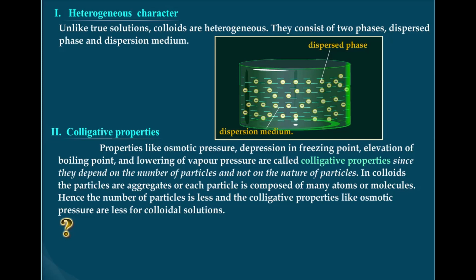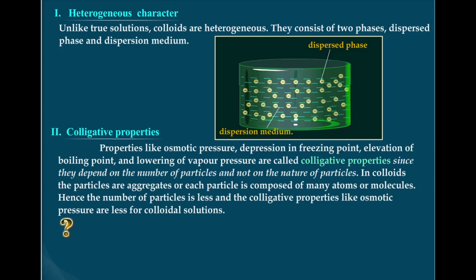Hence, the values of colligative properties, those who have learned solutions will be clear to you. Those who have not learned colligative properties, that is chapter 2 solutions, you will learn it later on. Hence, the values of colligative properties like osmotic pressure, lowering in vapor pressure, depression in freezing point, and elevation in boiling point are of small order as compared to the values shown by true solutions at the same concentration.